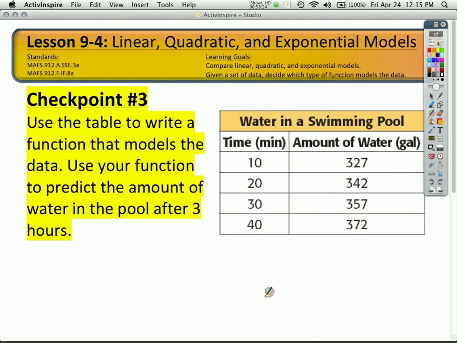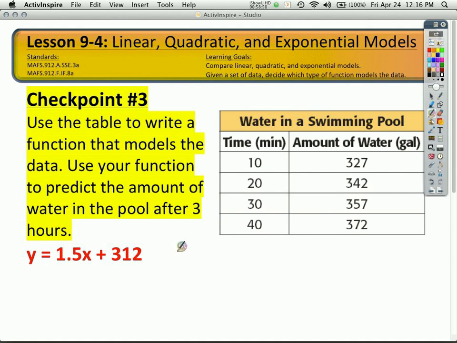Y equals 1.5x plus 312. Okay, student number 1. Y equals 3 over 2x plus 177. Okay, student number 2. Y equals 3 over 2x plus 177. Okay, so if you did 3 over 2x, that's fine. If you put 1.5, that's fine.